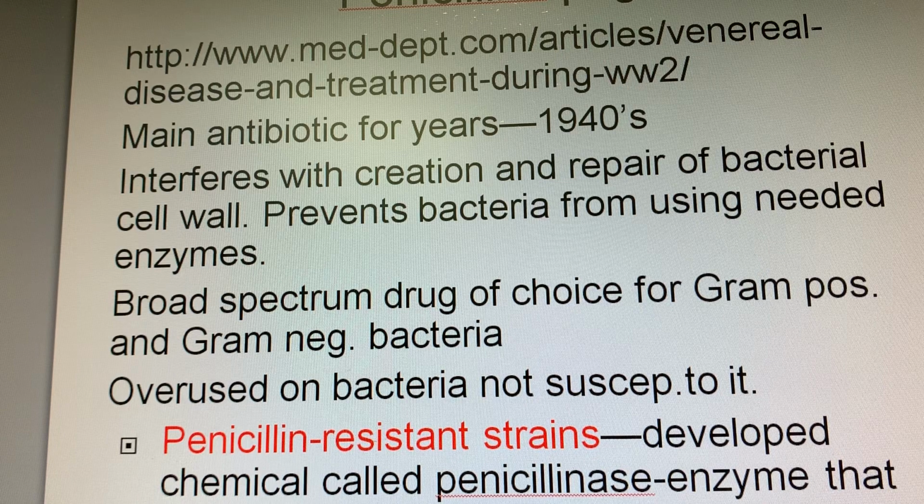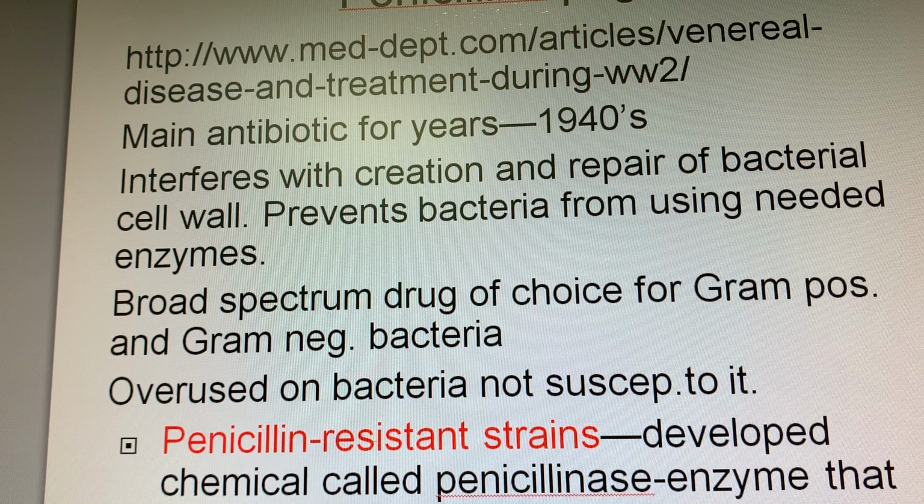This enzyme was called penicillinase, so ASE. We know that's an enzyme. And if a bacteria was able to create penicillinase, that destroyed the penicillin that came in contact with the bacteria. And so all of a sudden, we were seeing the first penicillin-resistant strains of bacteria, and scientists had to revisit the penicillins and come up with some penicillins that were penicillinase resistant.